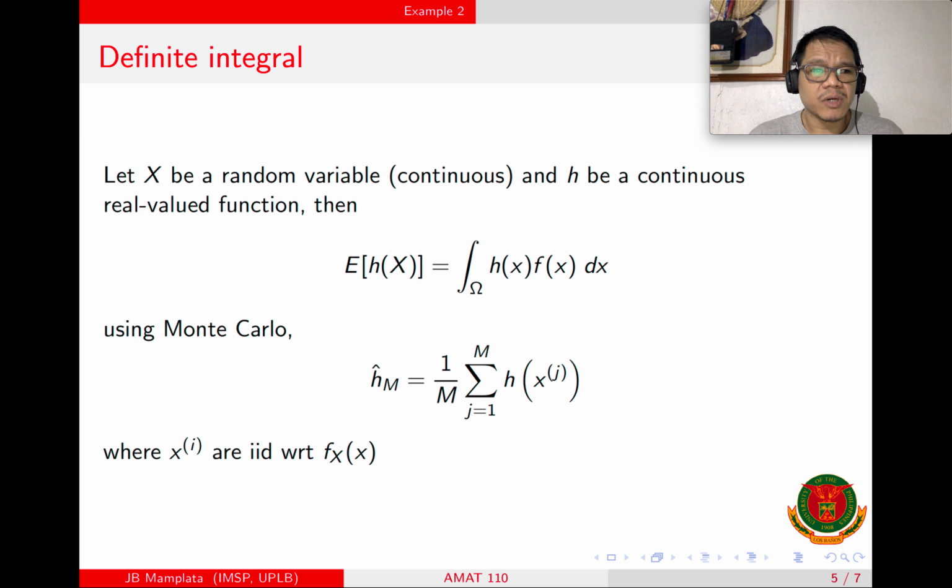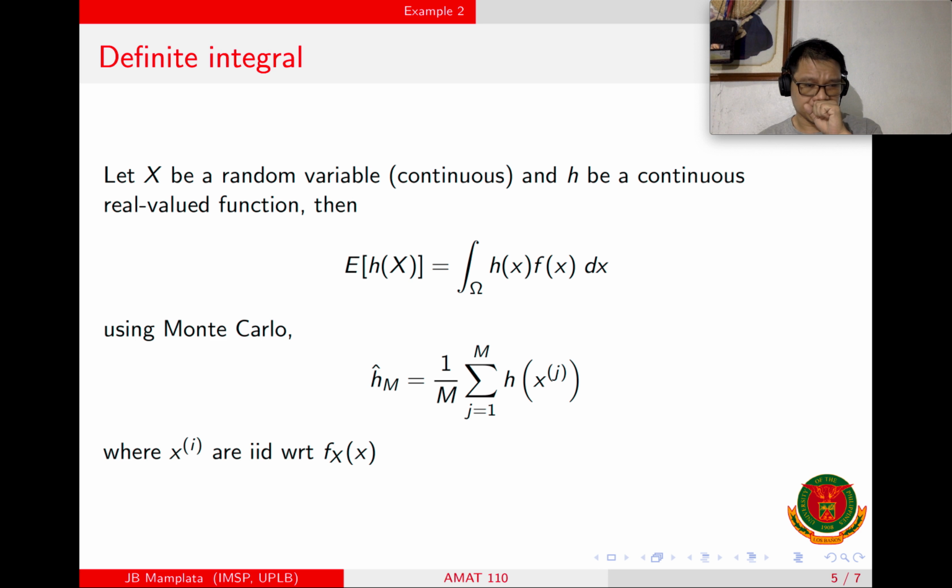So, using Monte Carlo simulation, yung value ng definite integral natin, which here we denote as h hat sub m, is equal to 1 over m times the summation of h of xj, j from 1 to m. Take note, yung m dito or yung capital M dito, this is actually the total number of points considered.